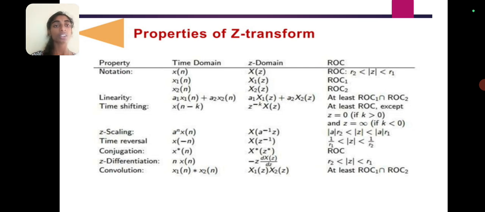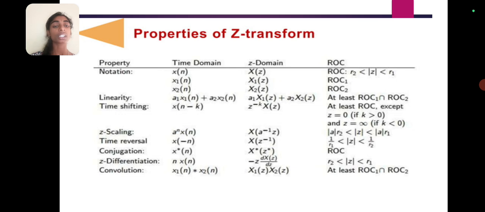Linearity: a1 x1(n) + a2 x2(n) gives a1 X1(z) + a2 X2(z), with ROC at least ROC1 intersection ROC2. Time shift: ROC except z equals 0 if k greater than 0 and z equals infinity if k less than 0. Z scaling: a^n x(n) gives X(z/a), with R2 magnitude of a less than magnitude of z less than magnitude of a into R1.